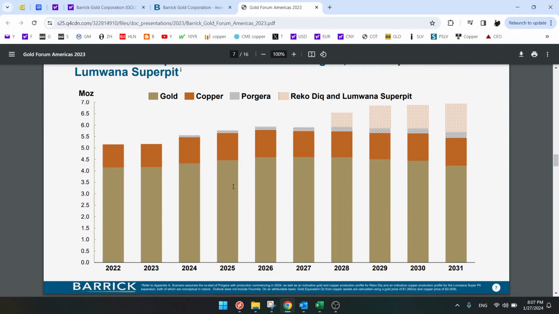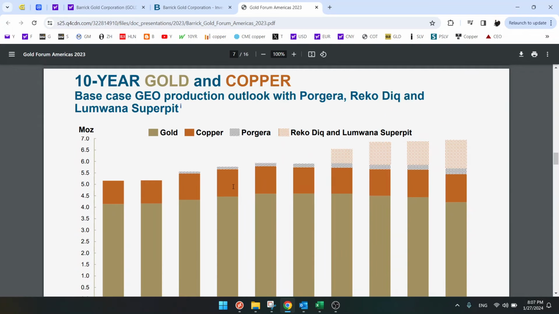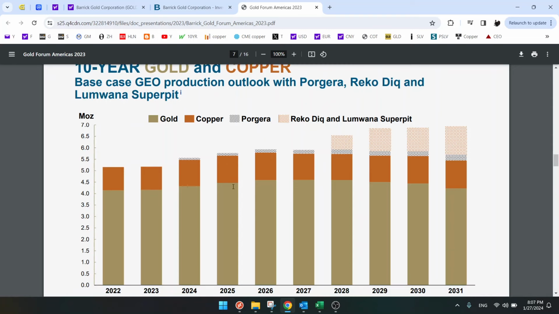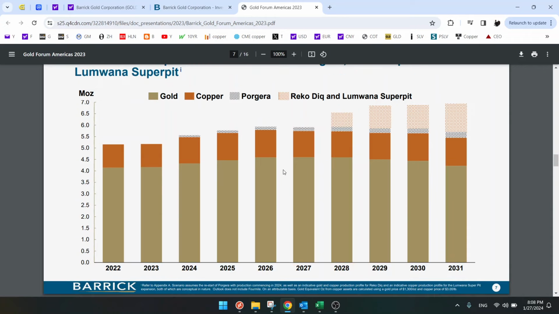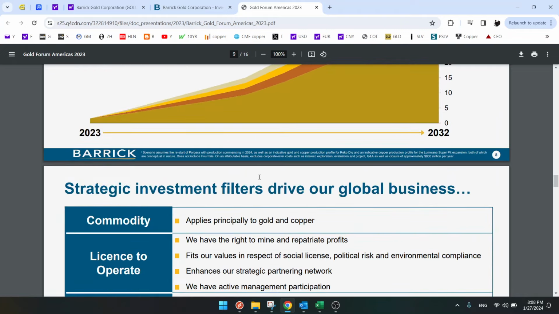So this is the most important chart. Here you can see gold production and copper production in gold equivalent ounces. That's exactly the number that I need, and I will plot this in an NPV flow model. That's very easy to do.